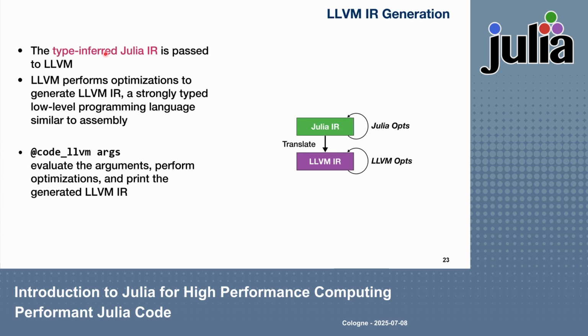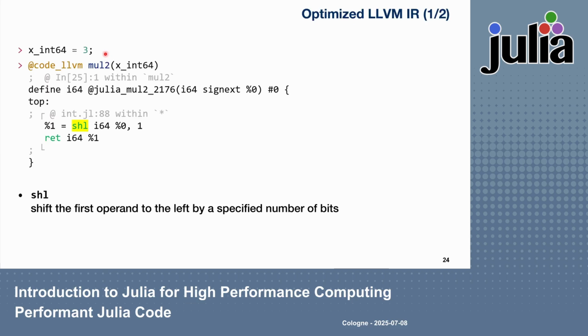But this macro is, let's say, not as critically important as type inference. Type inference is really key. But anyway, let me show you what LLVM IR is. So here again, this function 2 times x.